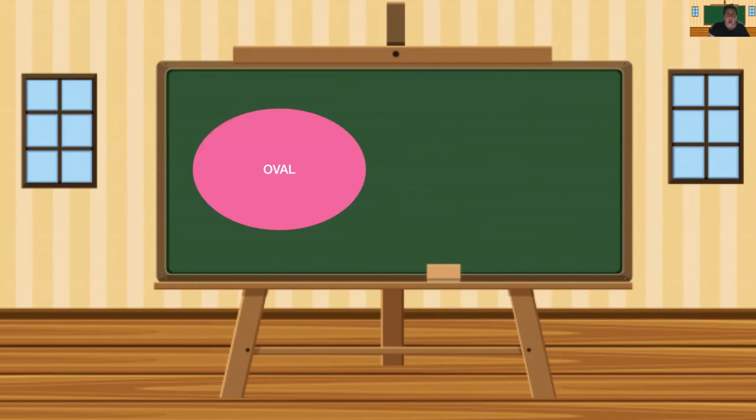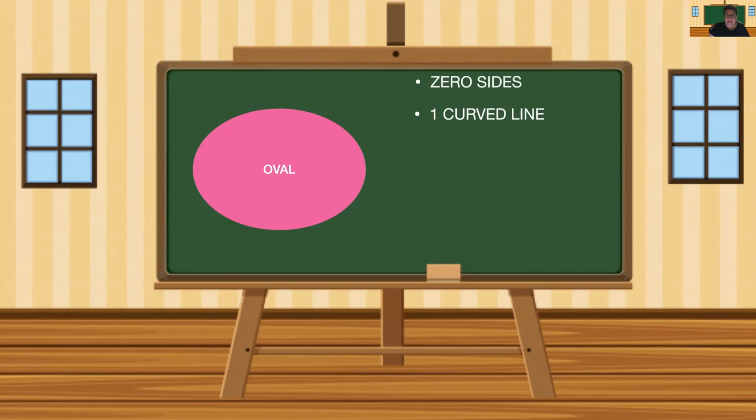All right, we are going to move on to our oval. Does our oval have curved lines or straight lines? Our oval has just one curved line. Does our oval have any sides?